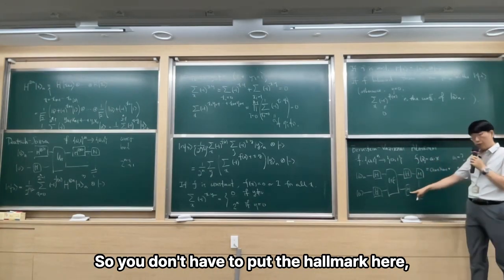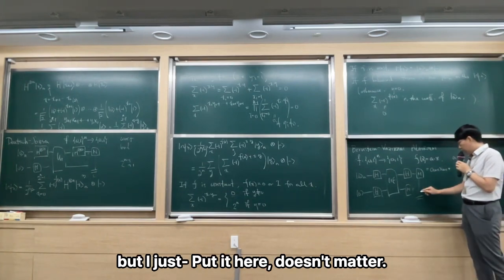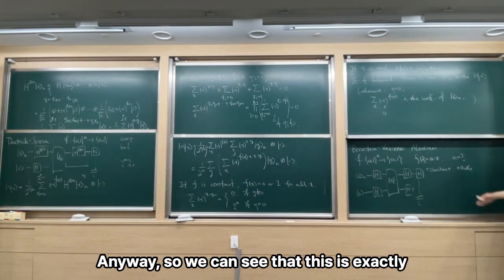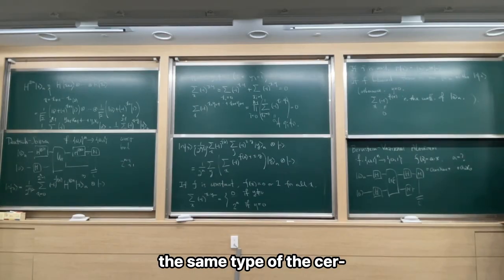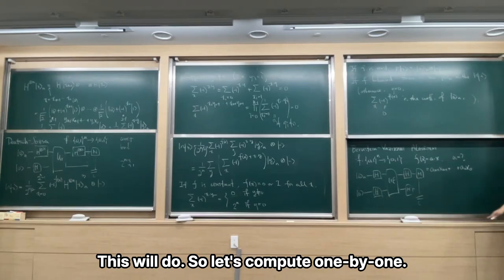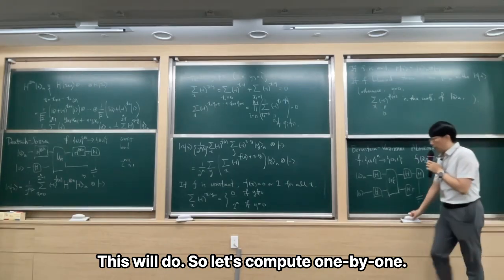You don't have to put the Hadamard here, but I just put it here. Anyway, you can see that this is exactly the same type of quantum circuit we saw before. So let's compute one by one.